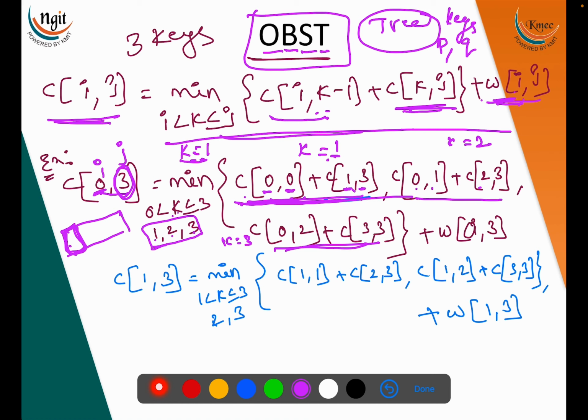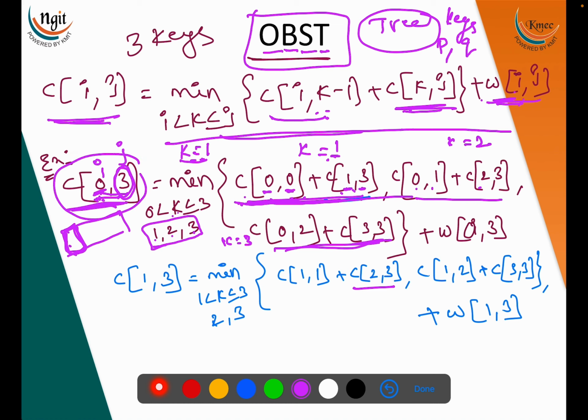Now, the other point is, if you look at this one, again we have C(2, 3). If I want to get C(0, 3), I have to know C(3, 3), the upper value. I am at 0, 3. I have to calculate 1, 3 if I want to get 0, 3.